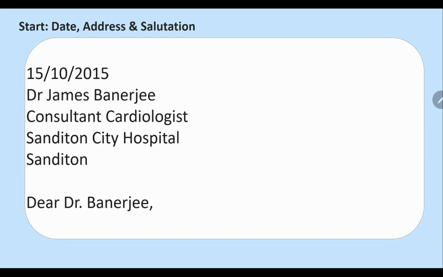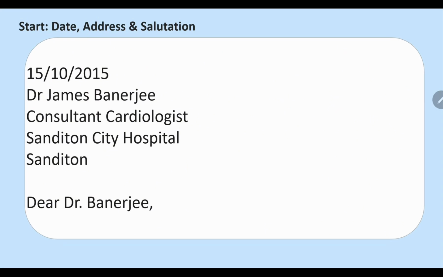Here you see the name is Dr. James Banerjee, consultant cardiologist is his designation, then the address Sanditon City Hospital, Sanditon, and then Dear Dr. Banerjee. These are constants, because this format will not change for any type of letter. So these are the constant parts of letter writing.